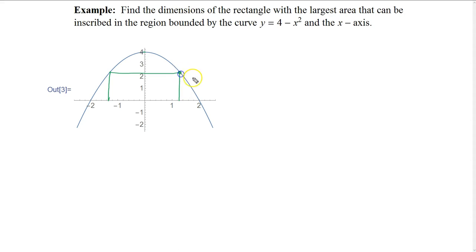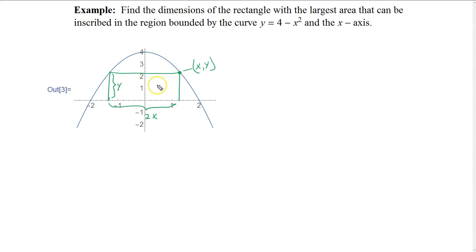Now notice that point right there is on the parabola, so we'll label that point x, y. Also note that if the y-coordinate of this point is y, then that is the height of this rectangle. So this distance is y, and this distance will be 2x.